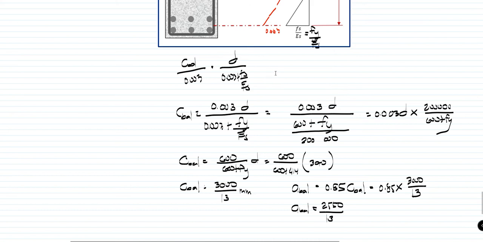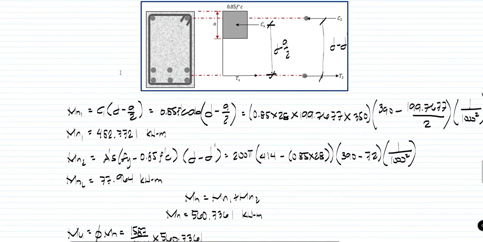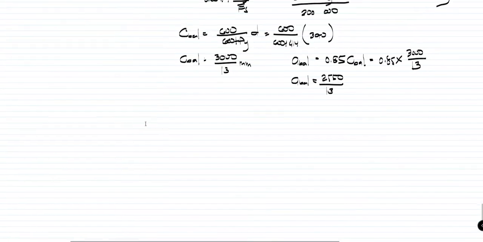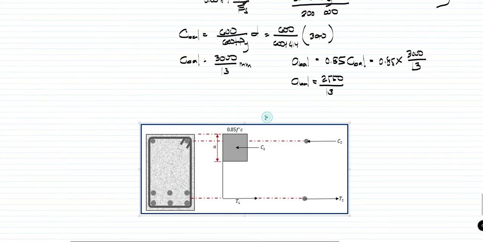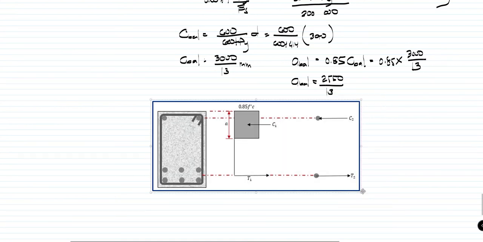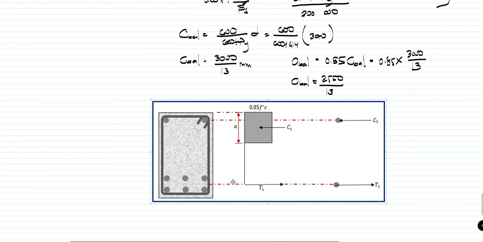Now, since we proved that the beam is doubly reinforced, the stress diagram we will now use is this one. C is equal to T is no longer valid, because we proved this is a doubly reinforced beam. It is invalid because that is for singly, since a singly reinforced beam has only one stress diagram, this one.